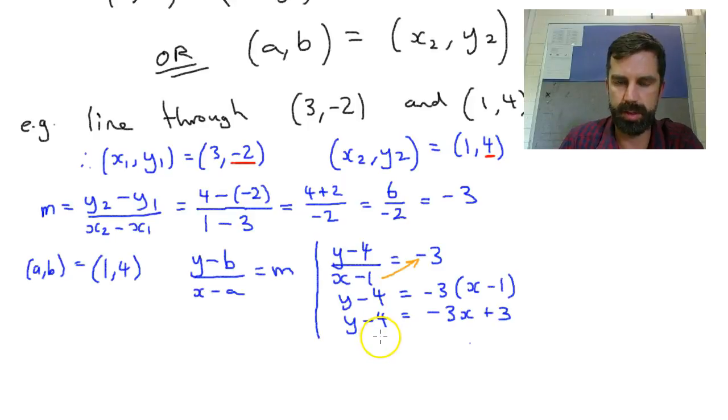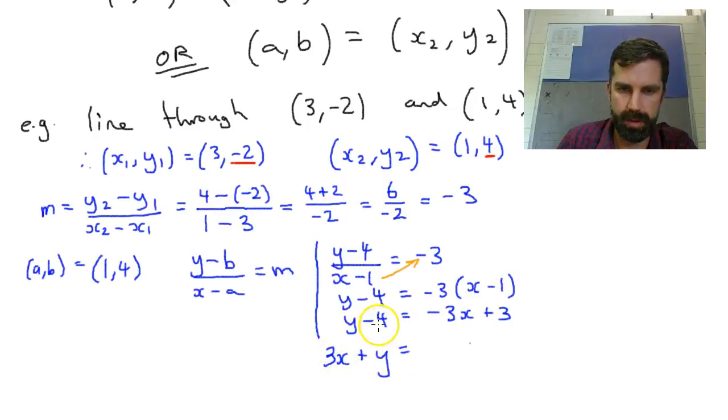So again, I can go in two ways, but I'm going to go for general form. So I'm going to bring the x over to this side. So I'm going to have to add 3x, so bring it over as a positive, and that'll be plus y, and then I'm going to take the -4 over here, so I'm going to have to add 4. So I'm going to get equals 7. So that's in general form.